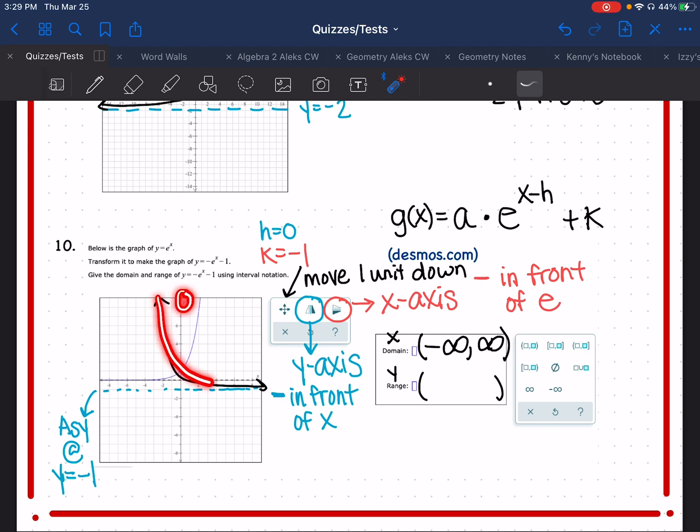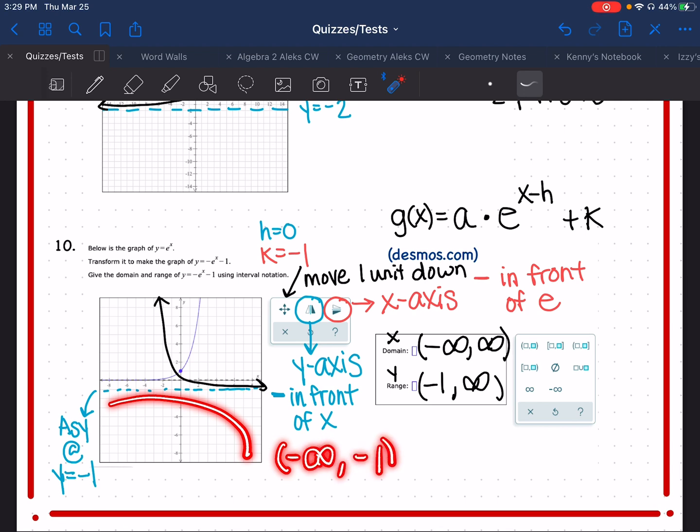Well, notice my graph is mainly in the positive ones. So I'm going to say -1 to positive infinity. If it was flipped down, pretend like your graph was down here, then that's when you would change it. You would put negative infinity to -1. Okay, that would be the difference between them.